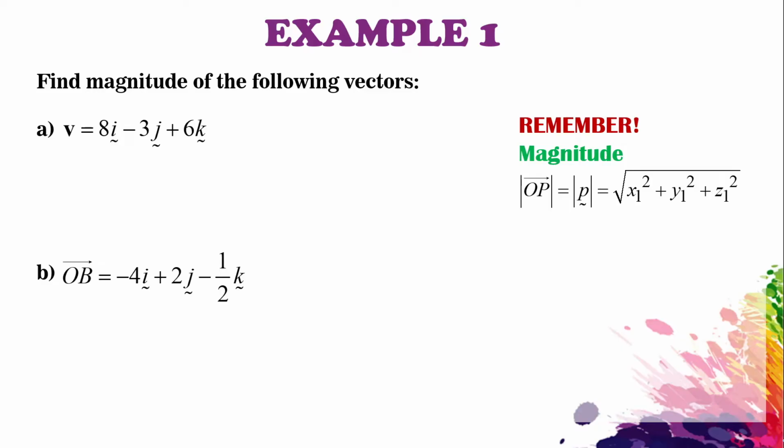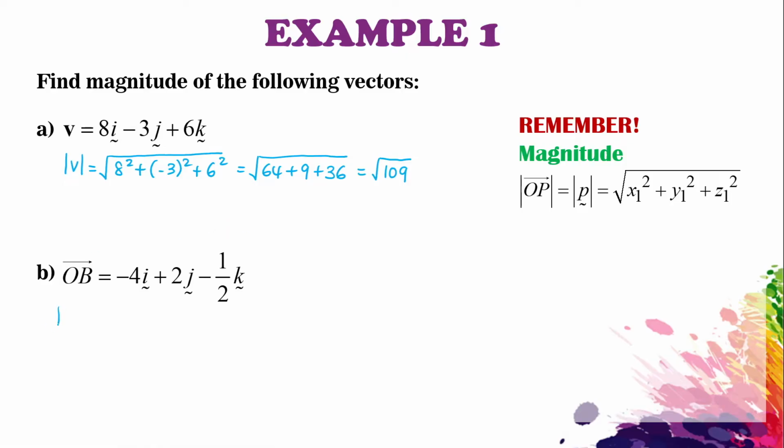So in order to find the magnitude of V, it will be modulus of V equal to the square root of 8 squared plus negative 3 squared plus 6 squared. Simplify inside the square root, we're going to have 64 plus 9 plus 36. So totaling up those values, we're going to have the square root of 109.